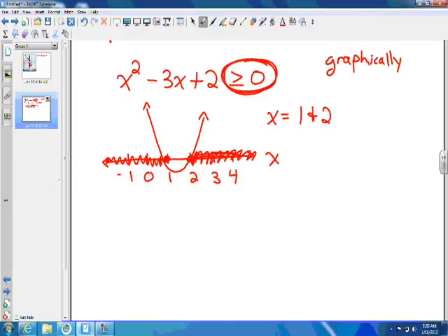So anywhere from 2 on, how would we write that as an inequality? X is greater than or equal to 2. Anywhere over there on that side, it is above. Where else then? How would we write this inequality? Anywhere to the left of 1. Less than or equal to 1. And that is your final answer to the problem.